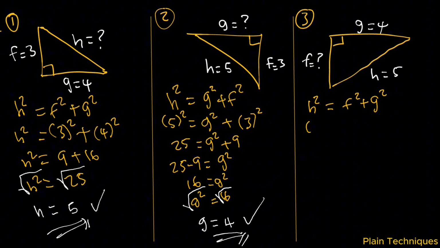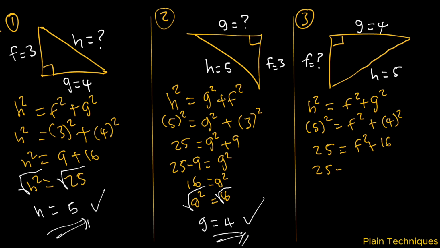We know that h is 5. We do not know what f is, but we know g is 4. So this will be 25, and then this will be f squared, and this will be 16. So I'm going to take 16 to the other side.